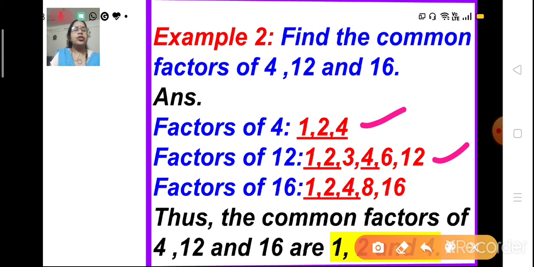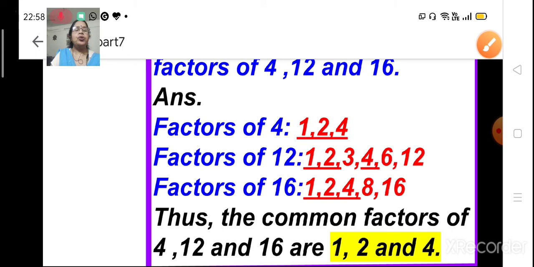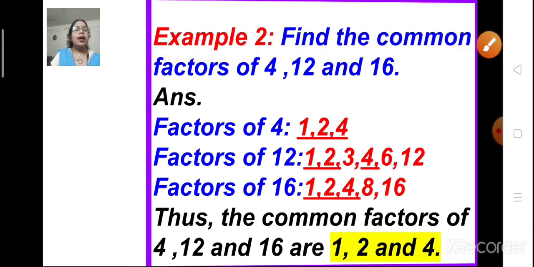And what are the factors of 16? They are 1, 2, 4, 8 and 16. Now, we can see that the numbers 1, 2 and 4 are the factors of 4, 12 and 16. So, what are the common factors of 4, 12 and 16? They are 1, 2 and 4.